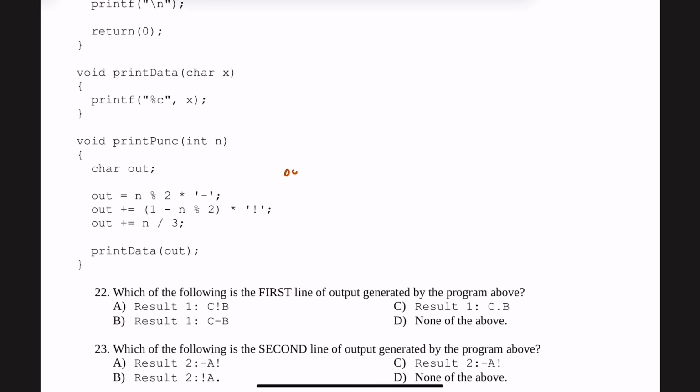So out equals that if odd, because it's going to be 1 times that. Then out plus equals 1 minus n mod 2, so we're basically flipping it. So now, instead of if odd, it's if even.